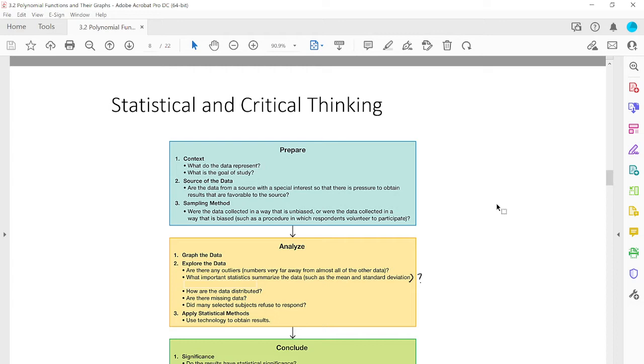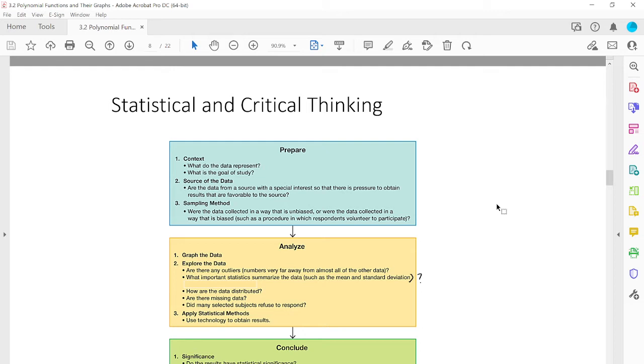Whenever someone makes a claim, for example, think about advertisements on TV, if there are any claims, you have to make sure who is doing that experiment, who is doing the data sampling, data collecting, and survey. So the source of data is very important. And then also the sampling method: how are they collecting the sample?